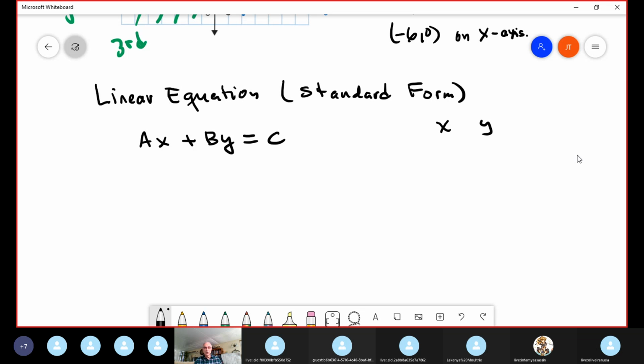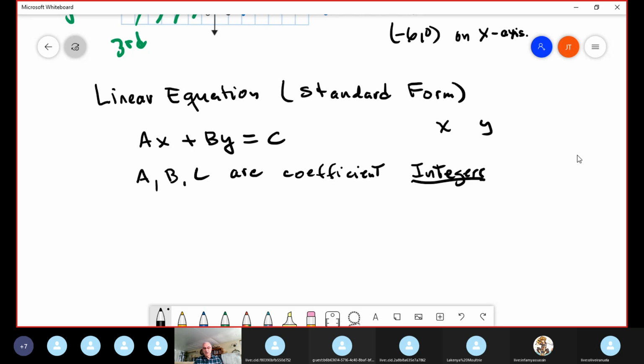But who are A, B, C? A, B, and C are coefficients. And these coefficients are, in general, integers. Integer means que no allow fraction or decimal, only integer.